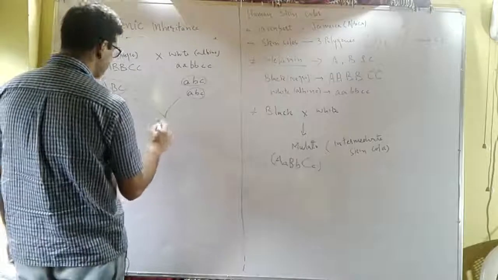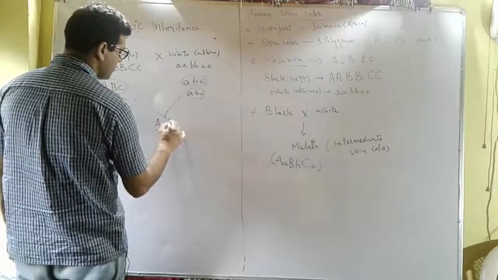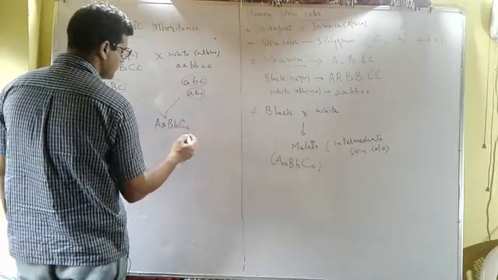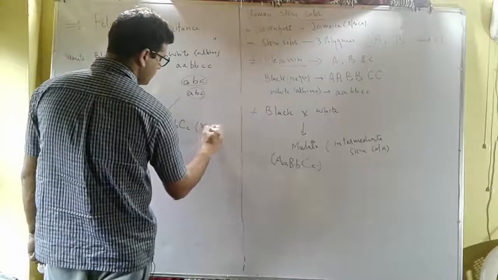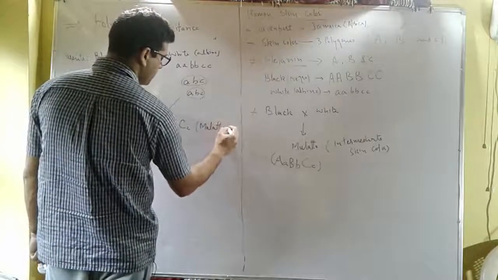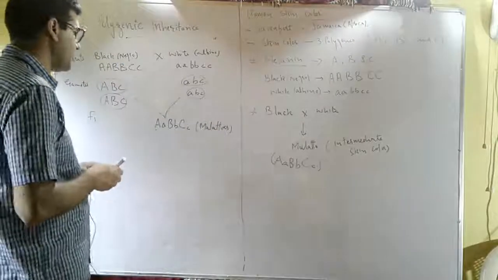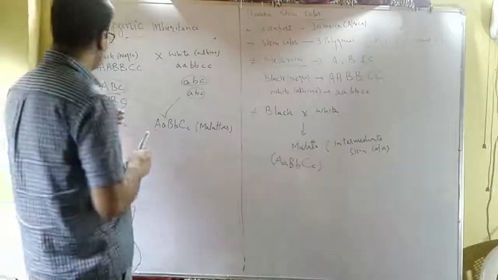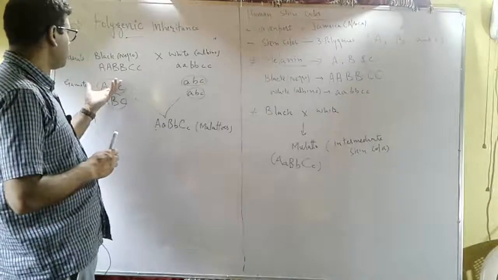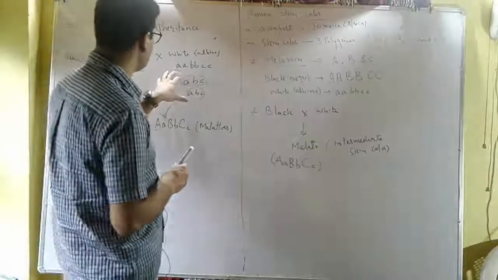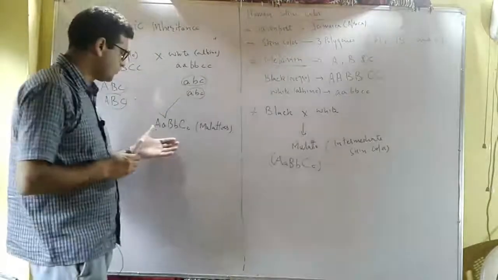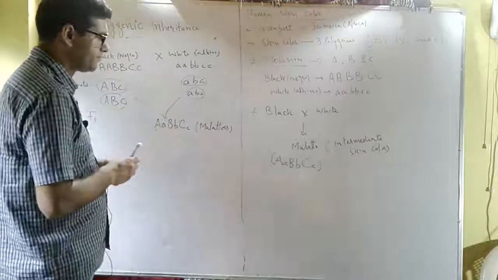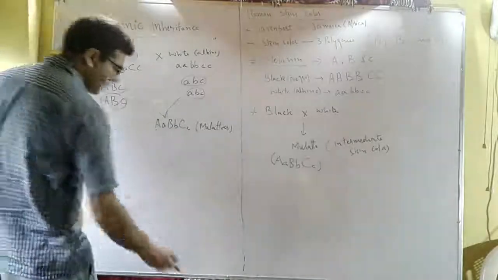Then we have the F1 generation, capital A, small a, capital B, small b, capital C, small c. This is called as mulatto, that is individuals with intermediate color. So in the F1 generation, we will get neither black nor white individuals. We will get individuals with intermediate skin color.